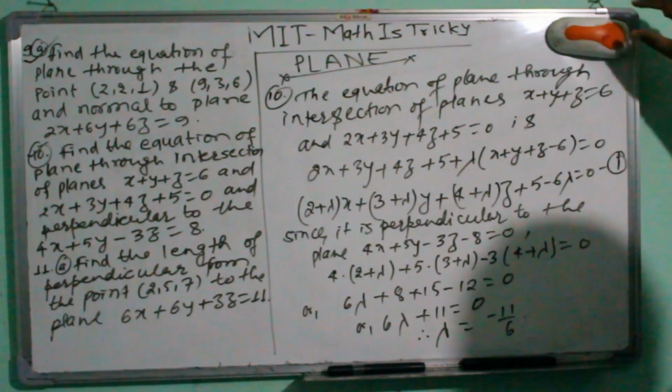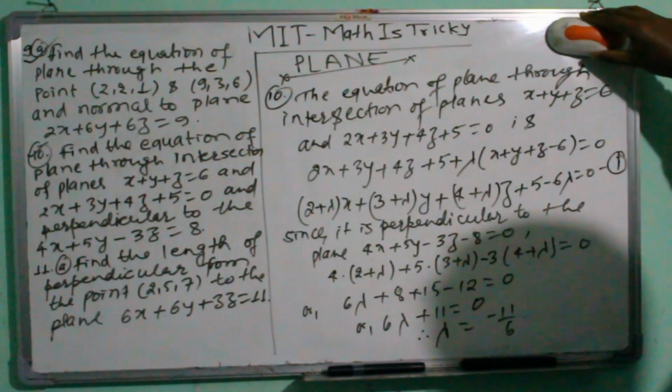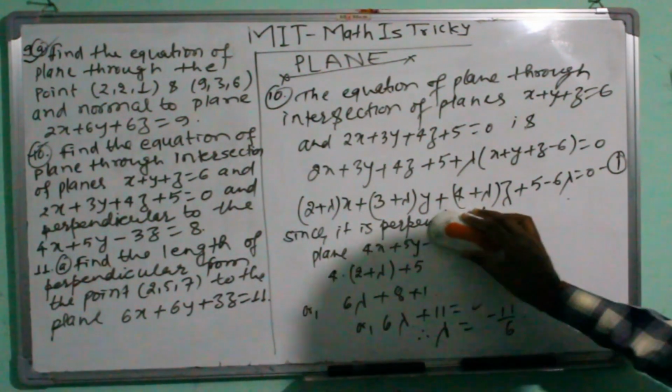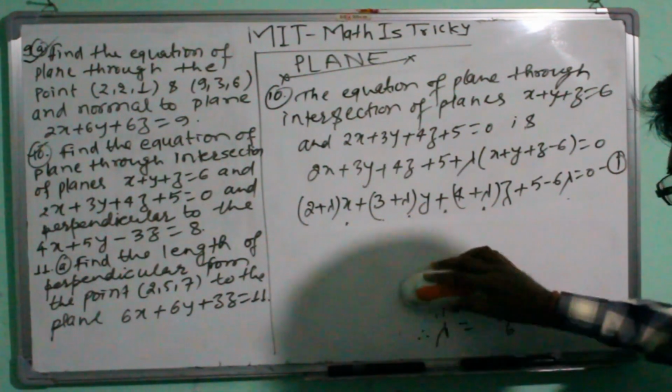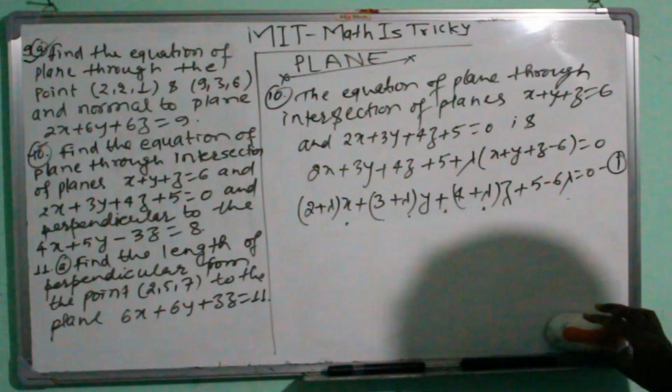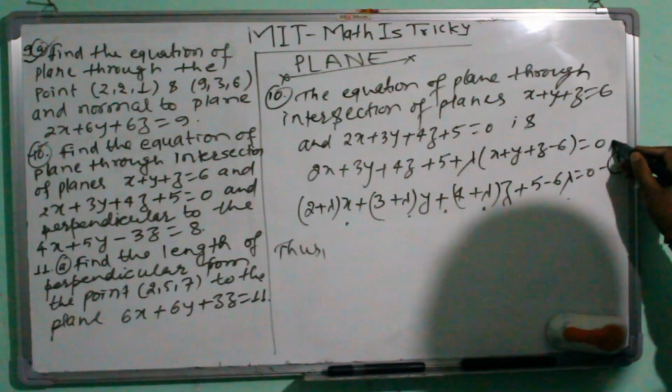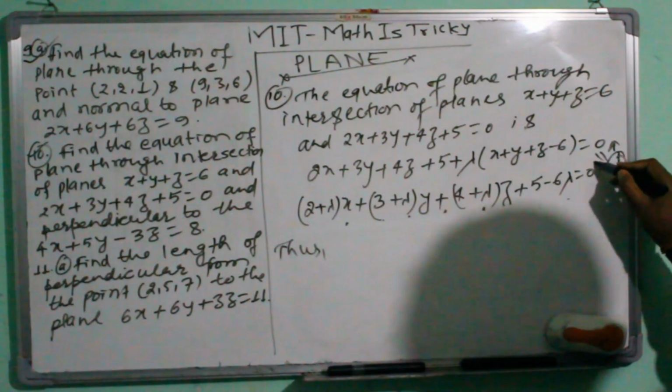Now let's put the value of lambda as minus 11 by 6 in equation 1 to get the final answer.